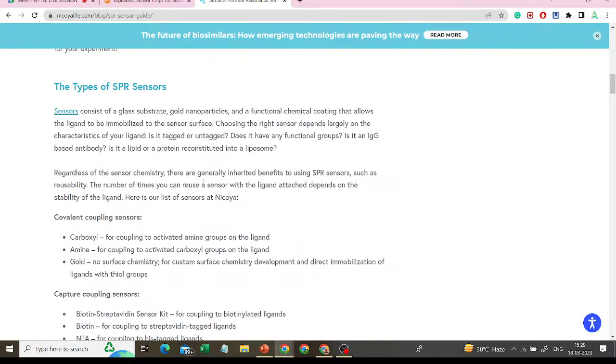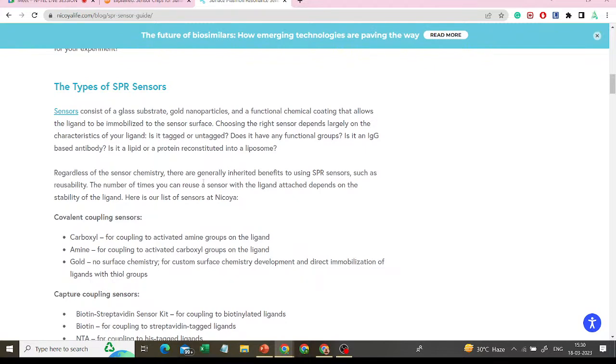As we said, protein A has an affinity for IgG based antibodies, which can increase the binding of your ligands to the immobilization matrix. The immobilization matrix also helps with non-specific binding onto the surface. Is it a lipid or a protein reconstituted into a liposome?